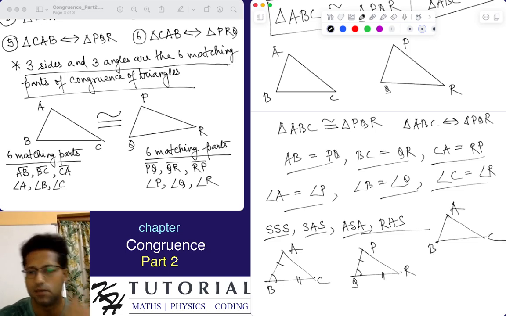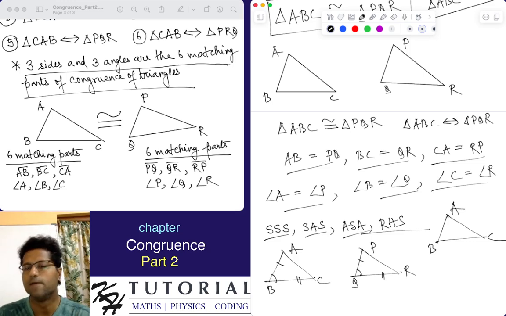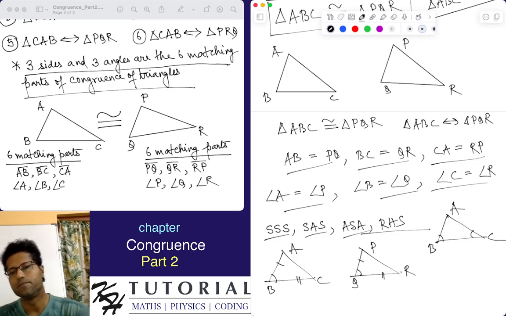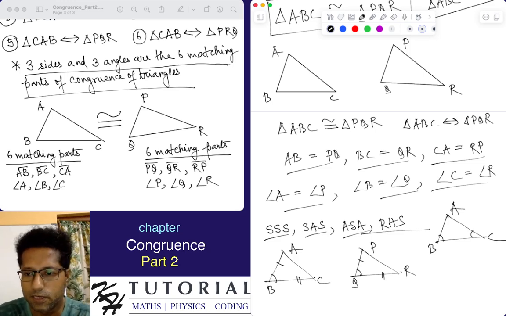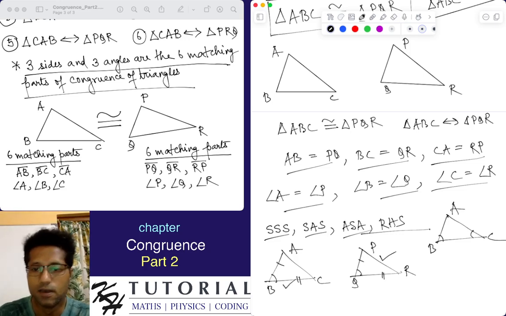If you take any side, let's say I am taking side BC, the angles adjacent to the side BC are B and C. Similarly, the angles adjacent to side AB are A and B. So if I'm considering the side BC and the side PR, in the ASA condition of congruency, I will check one side and its adjacent angles.